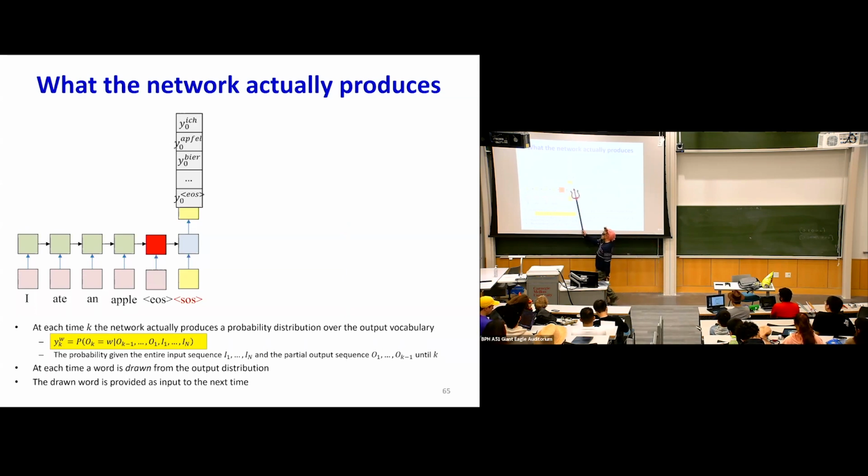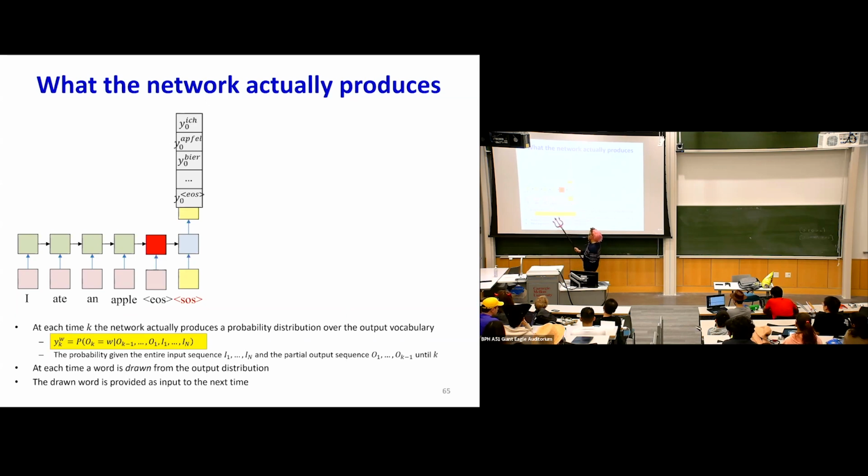So at each time, what is this probability distribution? If you look at time 0 at the output, this is the probability distribution over the words, the probability of each word in the vocabulary, given everything that has gone into the network. By the way, I'm not explicitly showing the embedding matrices over here, just to simplify the illustration.